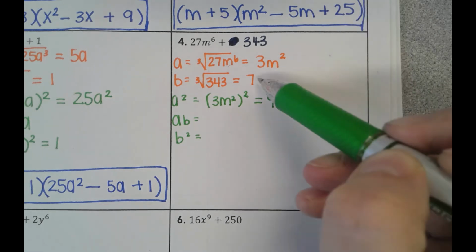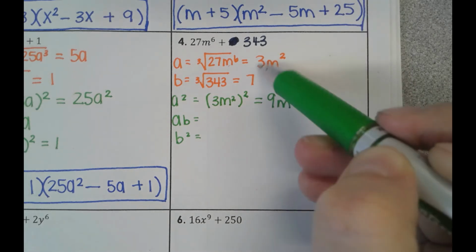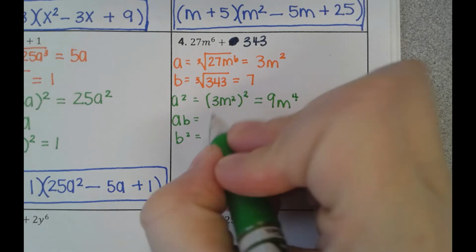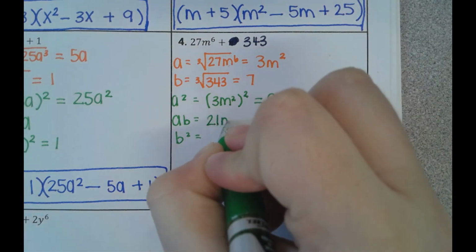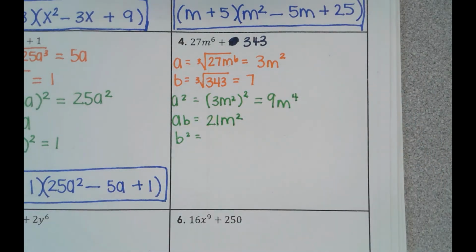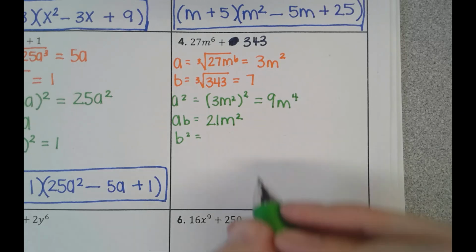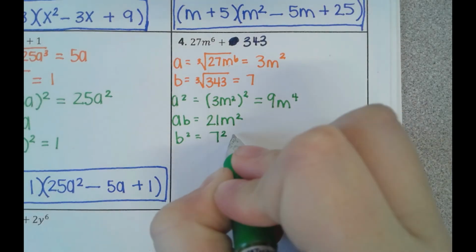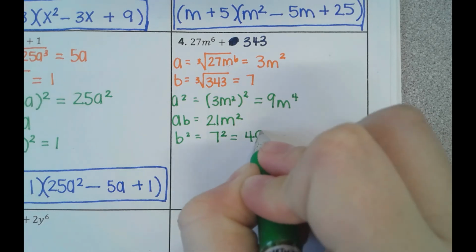Now if we multiply these two, we just multiply the numbers in front. So it's 21m squared. And then your b squared, 7 squared, is 49.